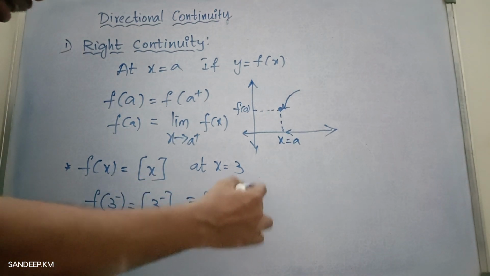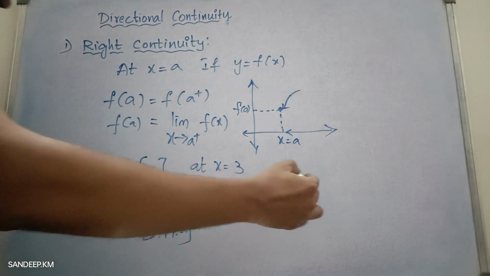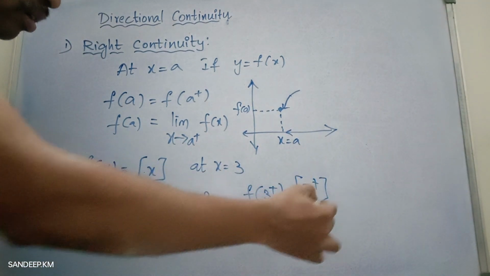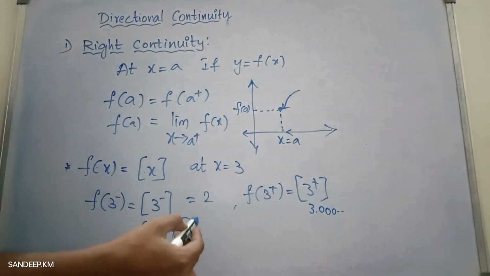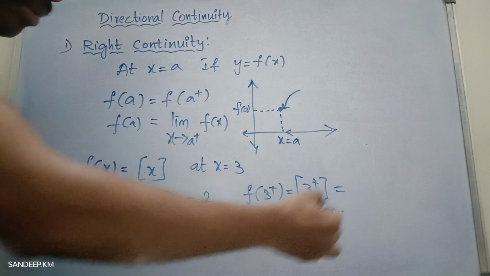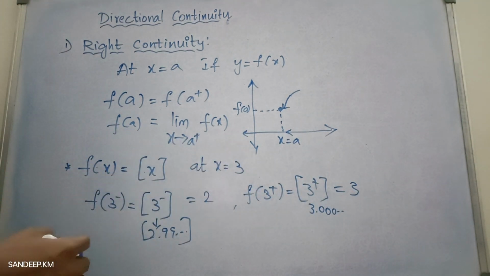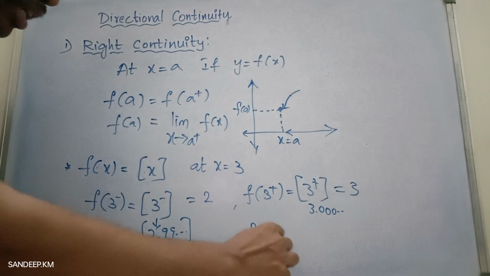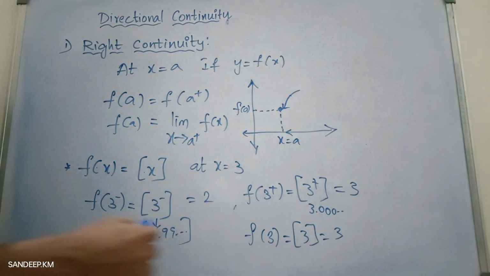Next, the right hand limit: f of 3 plus means step of 3 plus. And dear students, 3 plus means 3.0000 and so on, and its step value is 3. The right hand limit is equal to 3. And what is the value of the function f of 3? It is step of 3 exactly, and step 3 is equal to 3.